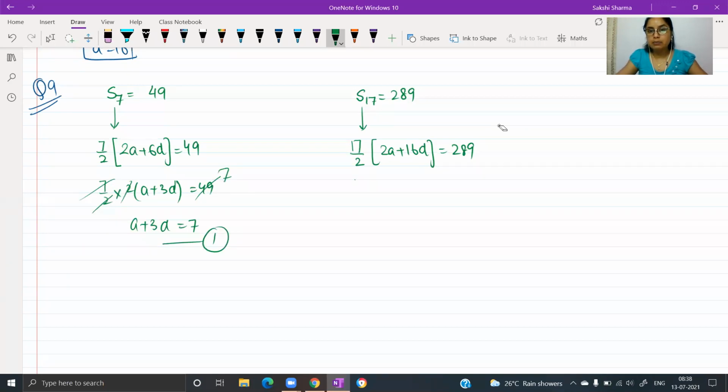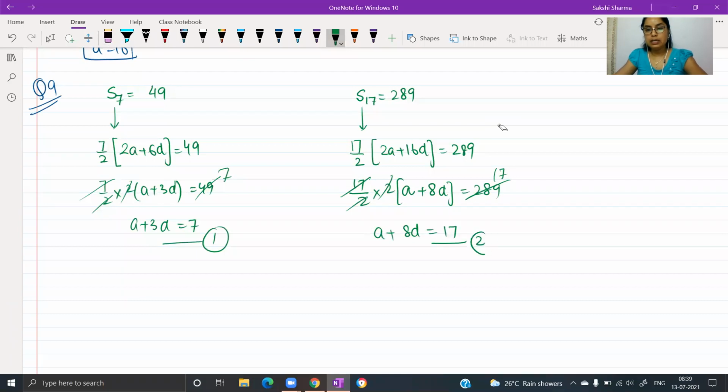On this side again, I'm taking 2 common from the bracket. Simplifying. We have A plus 8D equals to 17. Equation number 2. Solve and find values for A and D.